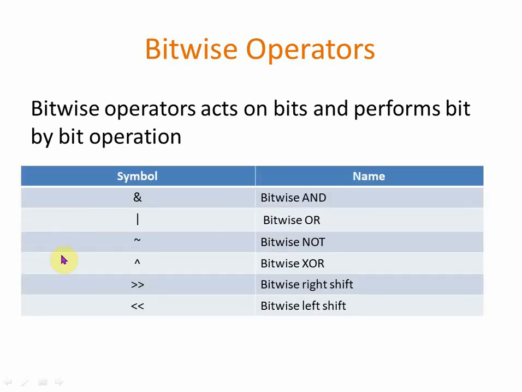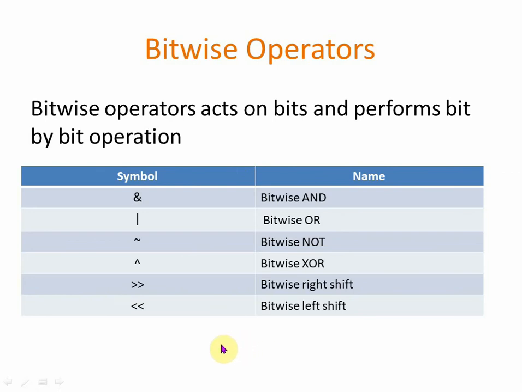These are a few bitwise operators. First is bitwise AND, second is bitwise OR, then bitwise NOT, bitwise XOR, bitwise right shift, bitwise left shift. Just note down all these things because we might use them in future.